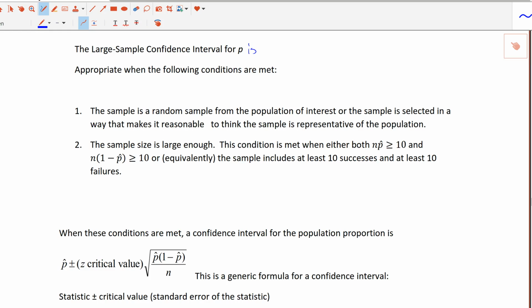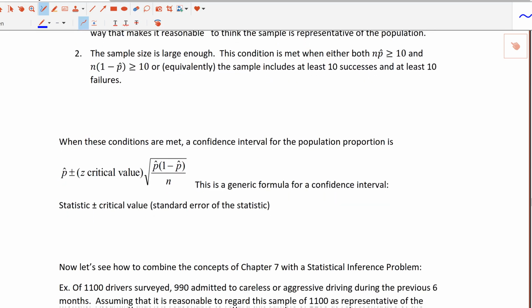We have a random sample, or the sample is representative of a population. And I know you're getting tired of me saying this, but I will keep repeating it, because without these conditions, we can't do any of the stuff that we're trying to learn how to do. Okay. Secondly, the sample size has to be large enough. We have to have a sample that we expect to include at least 10 successes or 10 failures.